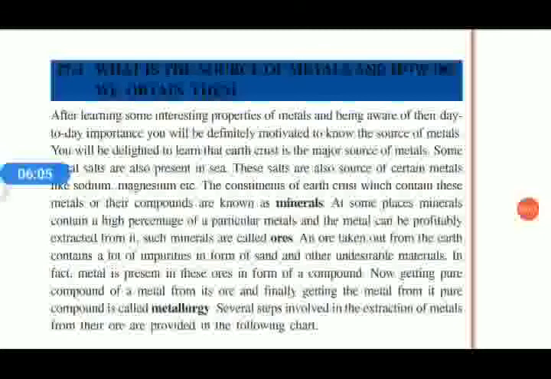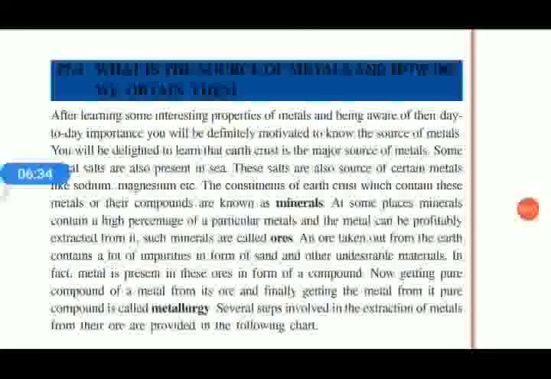In our place also, our soil contains a large amount of iron, but we can't extract it profitably because it's a small amount compared to an ore. Ores means a special area contains a large amount of a special metal and we can profitably extract it from there.